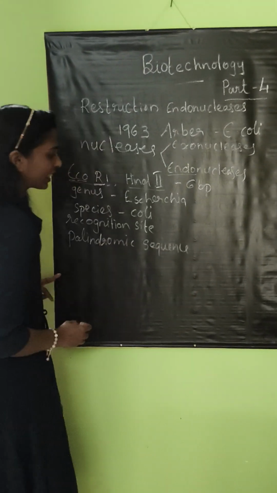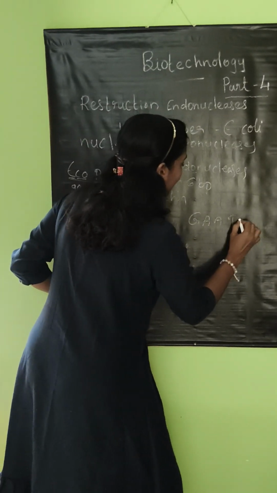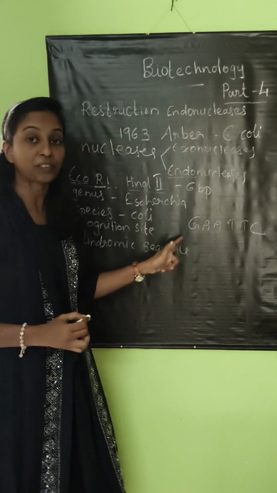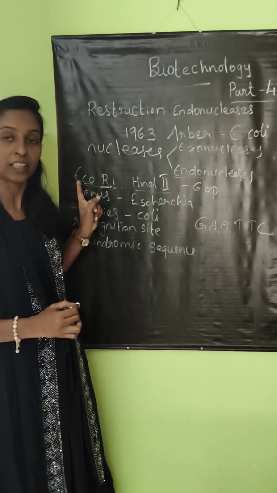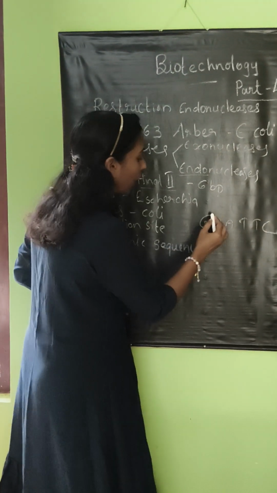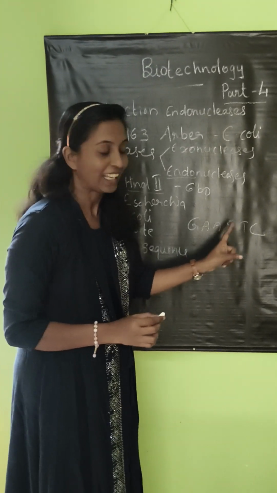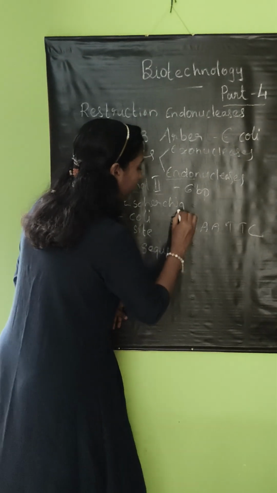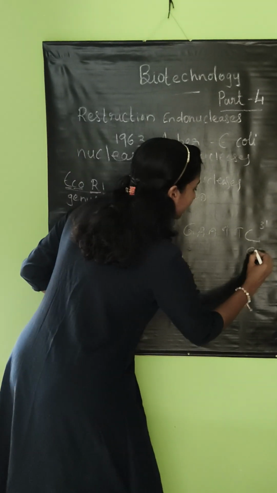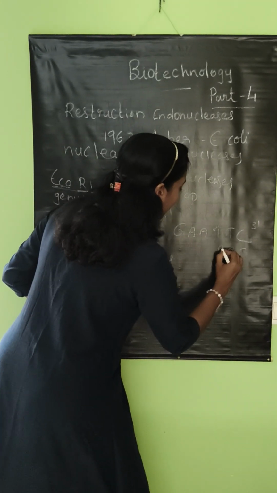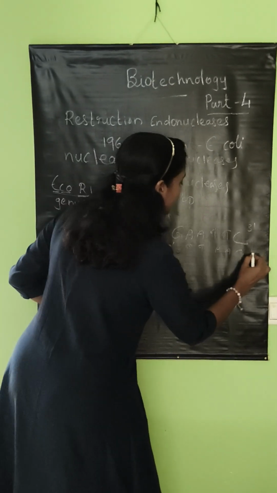I am writing one example here: GAATTC. This is the palindromic sequence for EcoRI. This is 5' and this is 3', and you can write the backward strand also, with 3' and 5'.